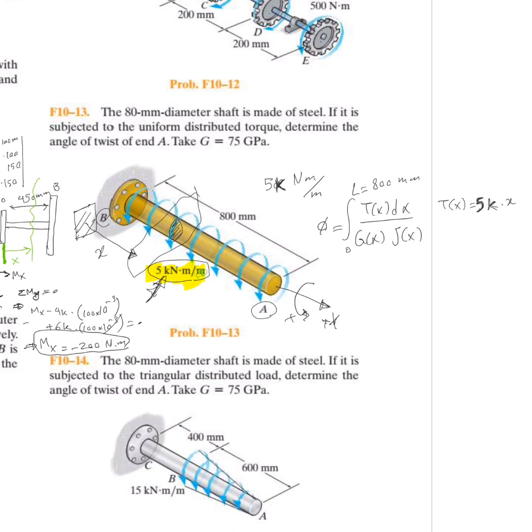You see that? So I multiply by that. So that's my T of X, and now G is constant, J is constant cross section. I just put it here and take the integral. So that phi is equal to 0 to L. L is 800 millimeter converted to meter.